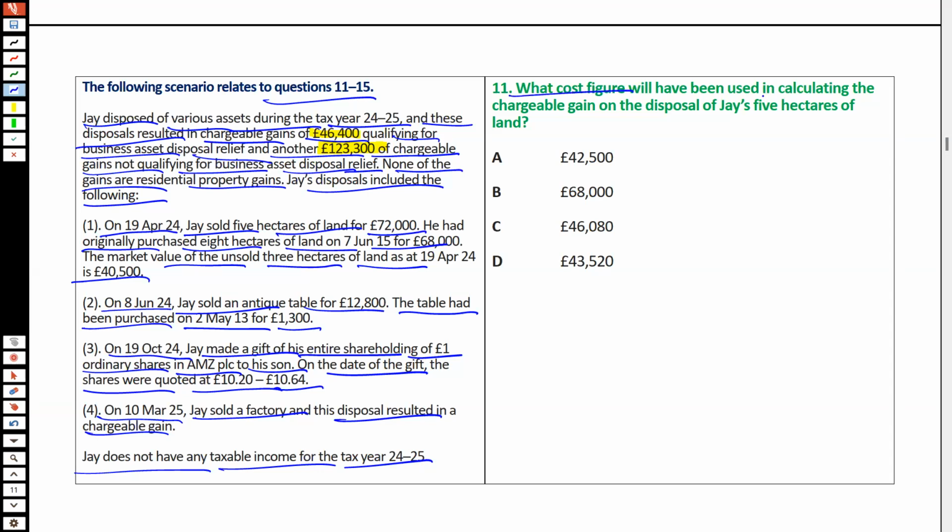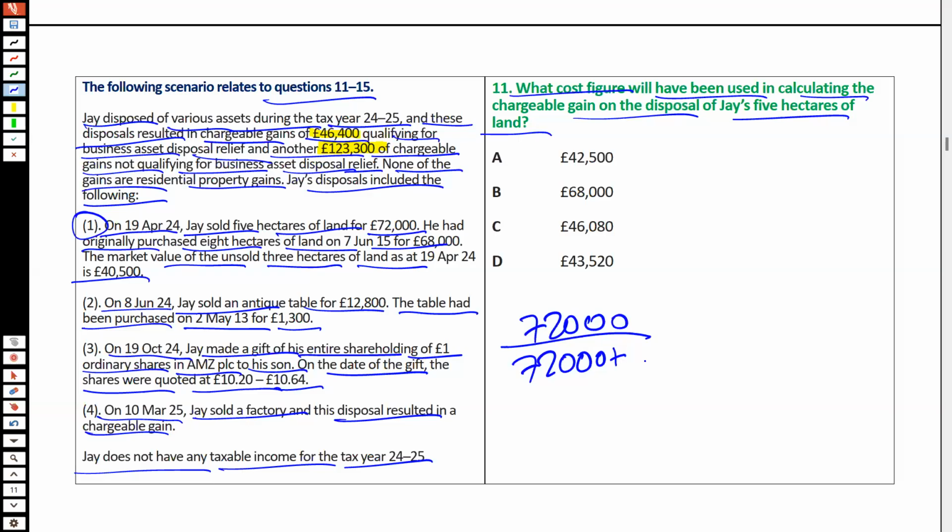First of all, what cost figure will have been used in calculating the chargeable gain on the disposal of J's 5 hectares of land? So basically talking about point 1. Market value of parts sold divided by market value of whole asset multiplied by original cost.